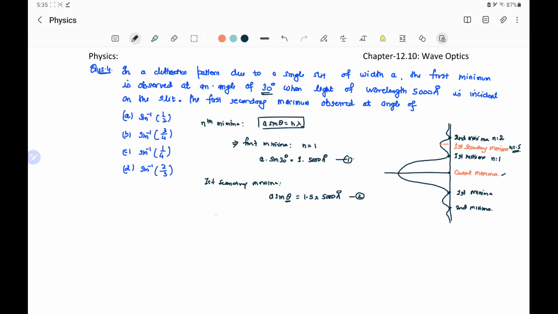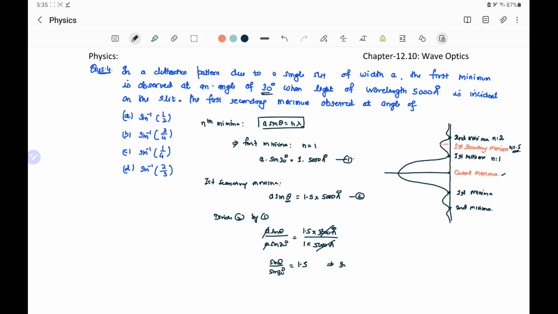Dividing equation 2 by 1, we have a sine theta by a sine 30 degree equal to 1.5 into 5000 angstrom divided by 1 into 5000 angstrom. The wavelength gets cancelled, and similarly a gets cancelled. So sine theta by sine 30 degree equals 1.5.